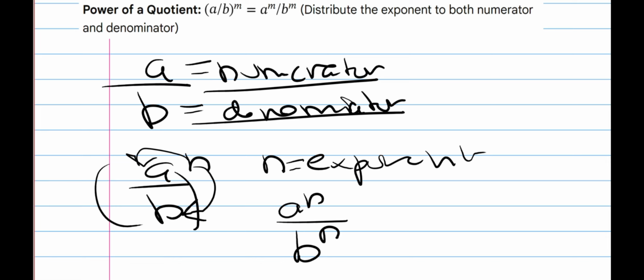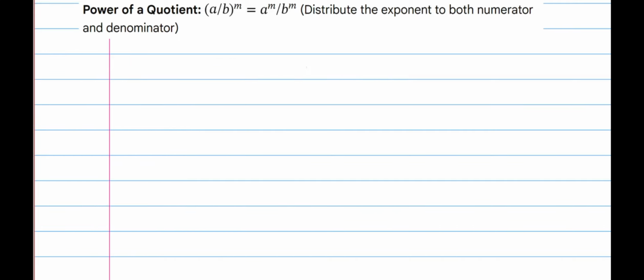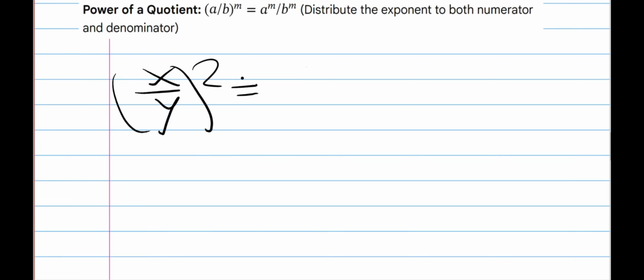And let's answer some examples. So here we are given (x over y) squared. Here we just distribute the square to both the numerator and denominator. So that would be x squared over y squared. You cannot simplify it any further because they have different bases.